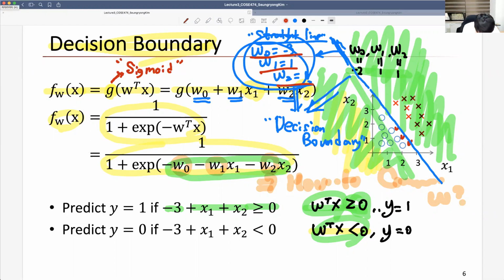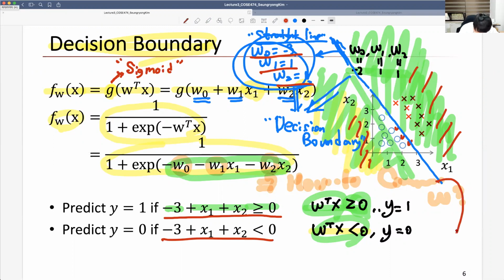Then this inequality represents this part, and this inequality represents this part, and W transpose X equal to 0 defines the decision boundary. Okay, so this is the definition of the decision boundary.